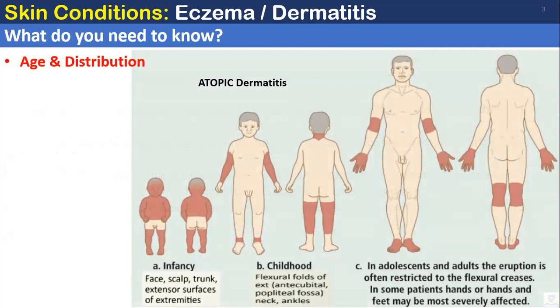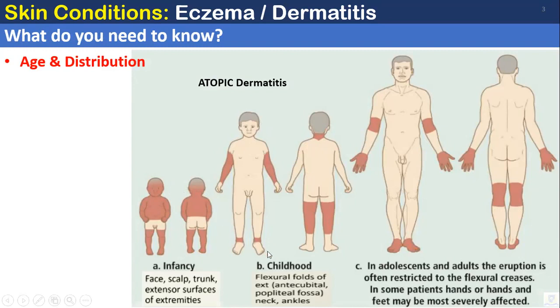Atopic dermatitis: the age and distribution, or site of occurrence, of eczema differ from age to age. This diagram represents the most common sites of atopic eczema. In infancy, most of the body may be prone to atopic dermatitis.